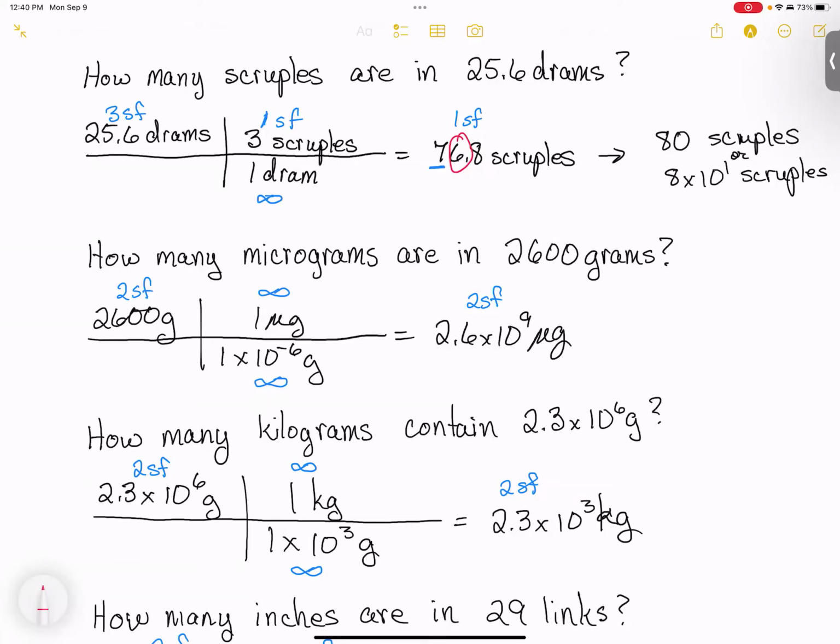I've got scruples on all of them; I just misspelled one of them. You do not need to put an S at the end of the unit. You don't have to, but normally, when you think of a multiple, you do add an S to things, like scruples, links. A link is a single. Links are multiple.